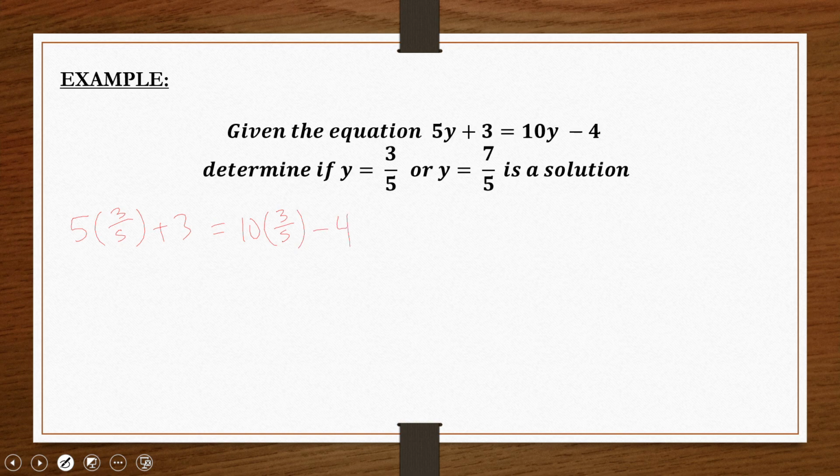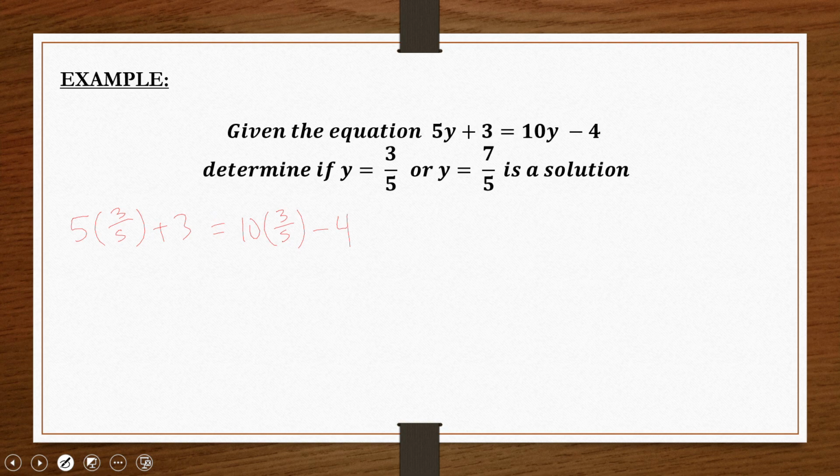So there's my substitution. When I multiply, let's say on the left-hand side of the equation, my whole number times this fraction, I can actually perform that calculation in two different ways. I can, for instance, multiply 5 times 3 to get 15 and then divide that value by 5. Or I could say 5 divided by 5 is 1 times 3 gives me 3.